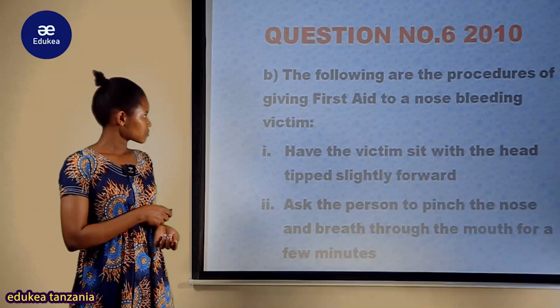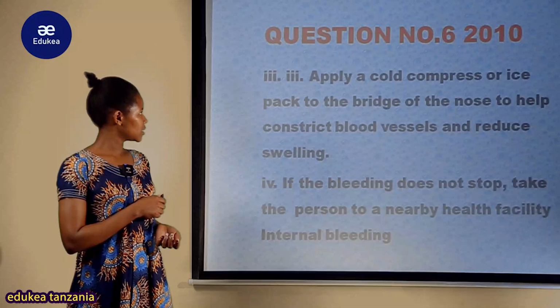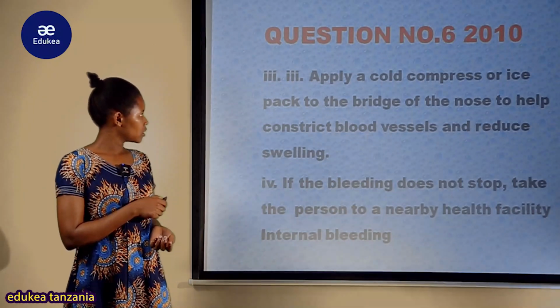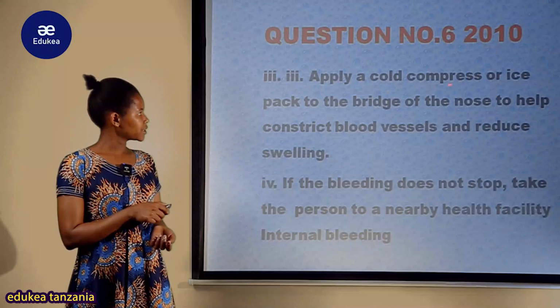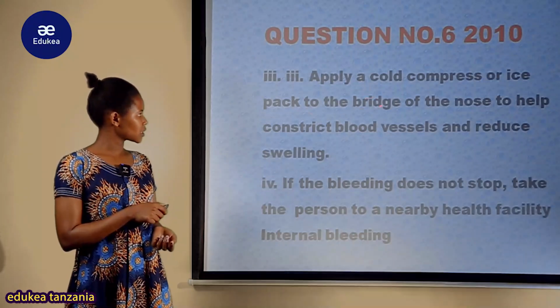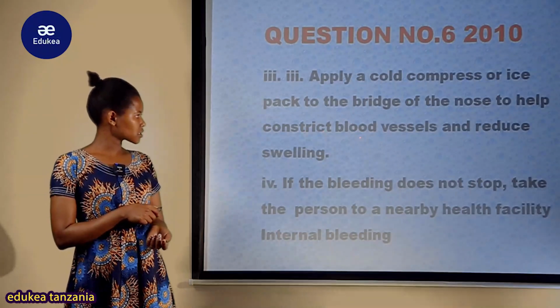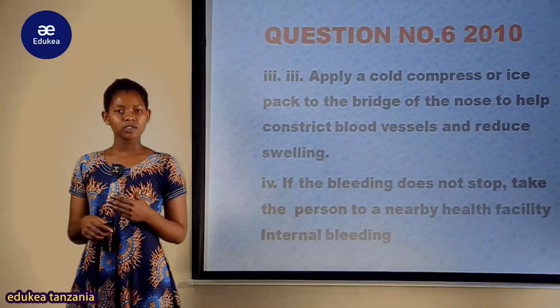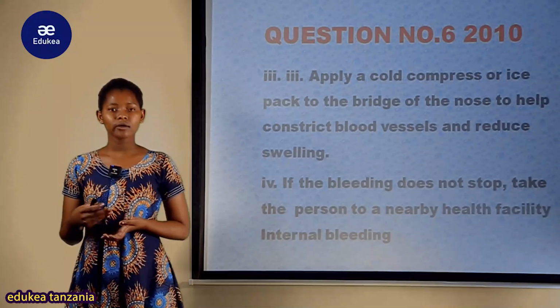Again, another procedure is to apply a cold compress or ice pack to the bridge of the nose to help constrict blood vessels and reduce swelling. Pia njia nyingine ya kumsaidia, unachukua a cold compress.